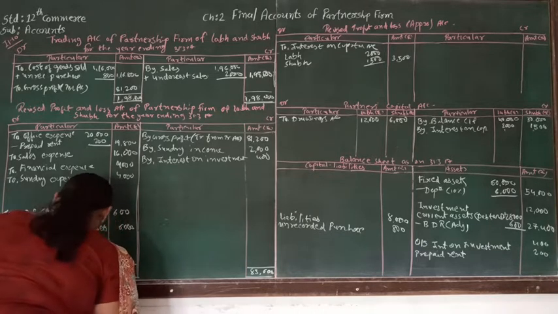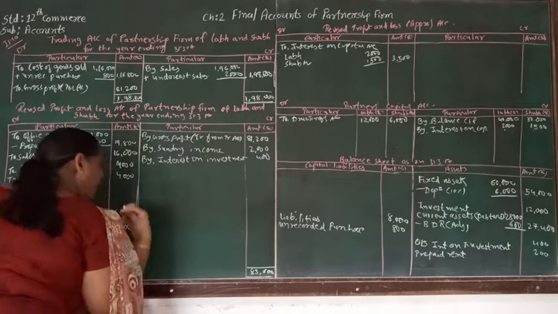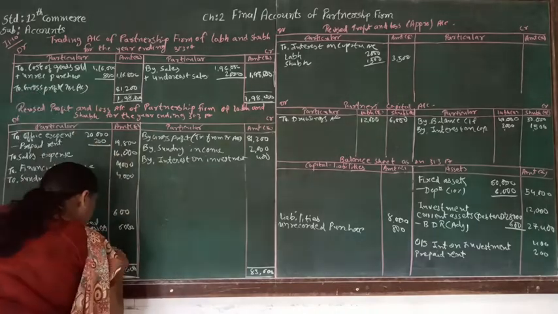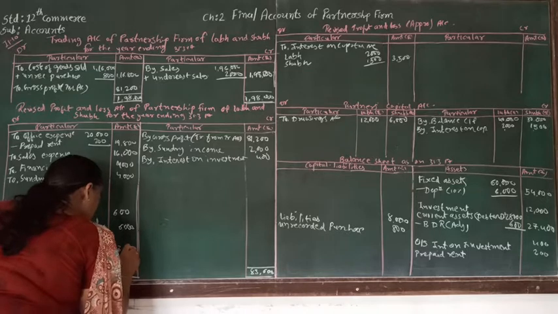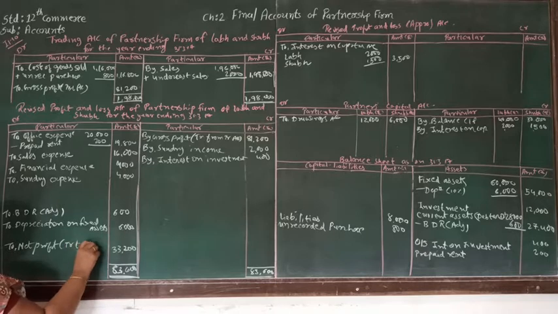From 83,600, if we deduct all of this, the balancing amount will be 33,200. So this is going to be our net profit, and this is supposed to be transferred to the profit and loss appropriation account.